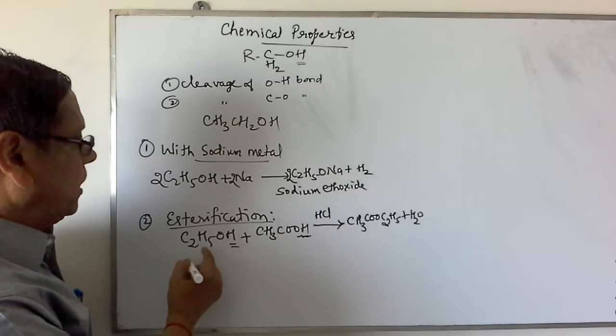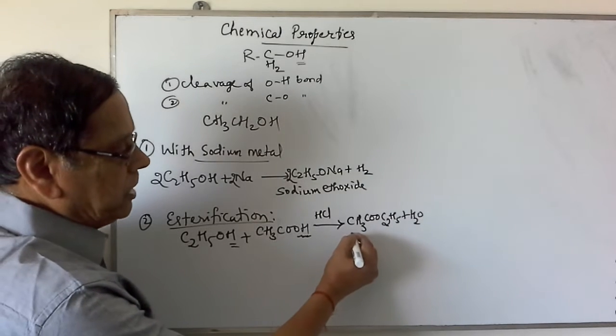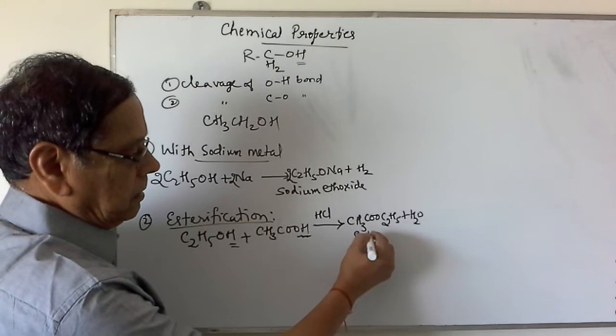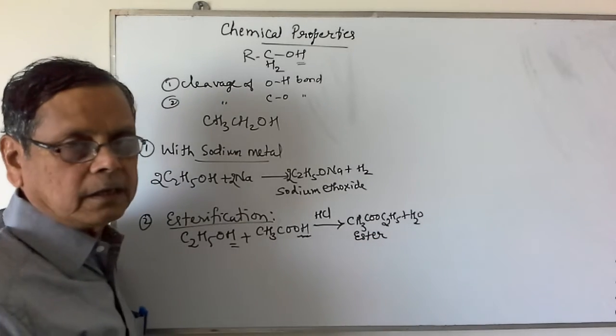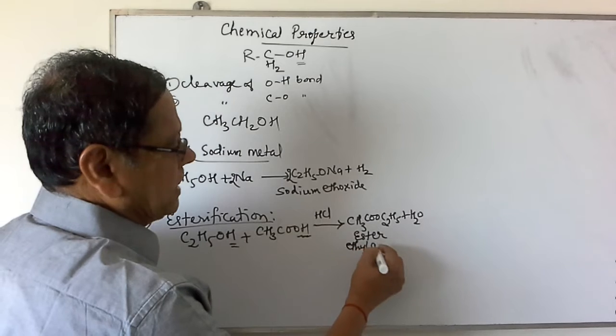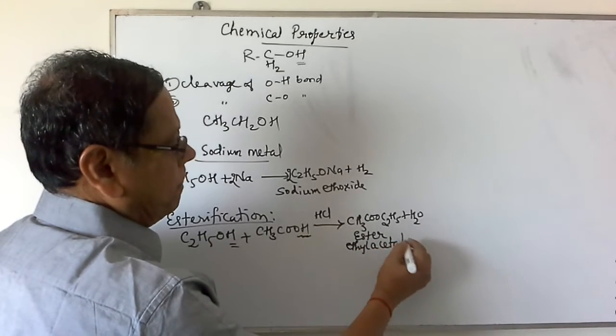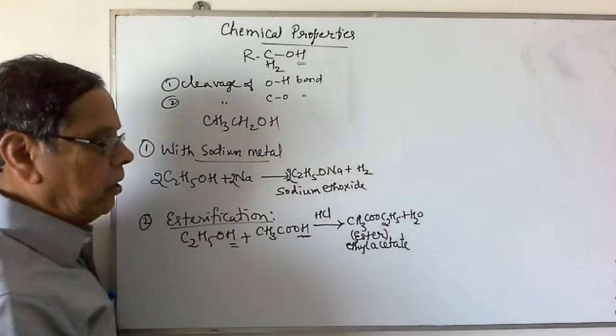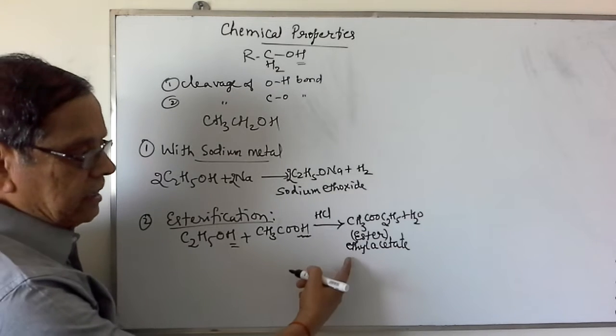Such a reaction of an alcohol with an acid gives rise to an ester. The general class of this type of compounds is ester. So this is ethyl acetate, or ethyl ethanoate. That is an ester.